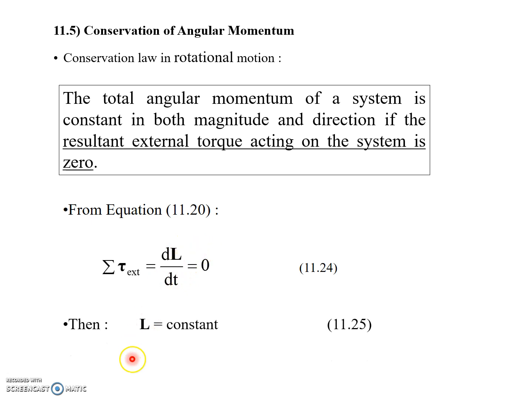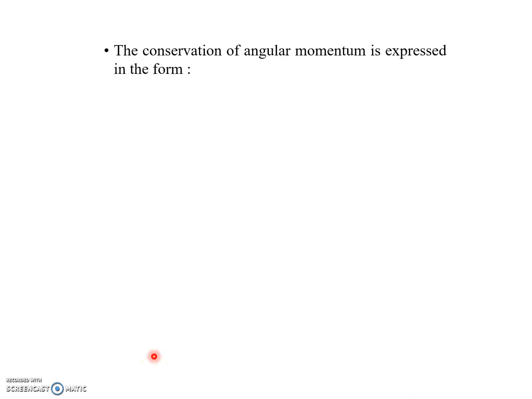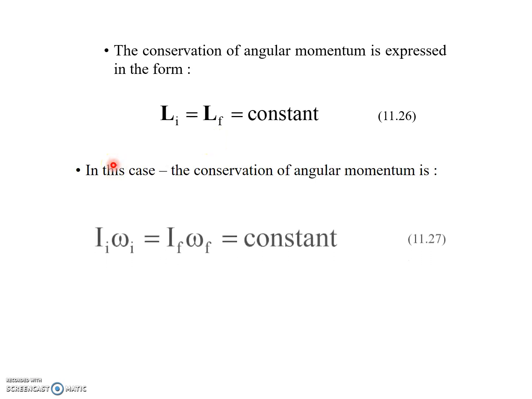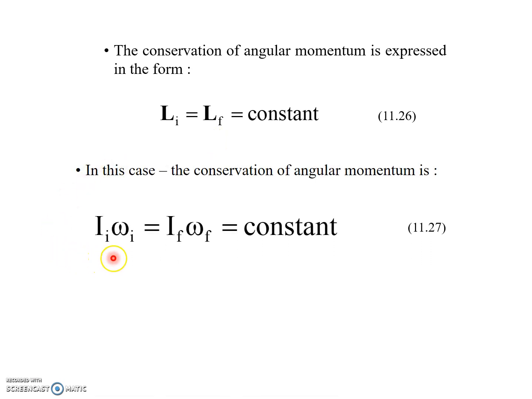Therefore, we can conclude that L is a constant value. So from there, we can write that initial angular momentum equals final angular momentum, and we can also write I initial omega initial equals I final omega final.